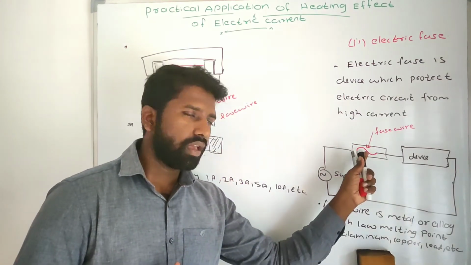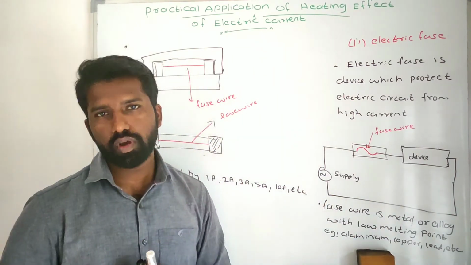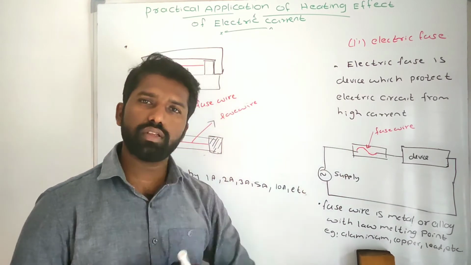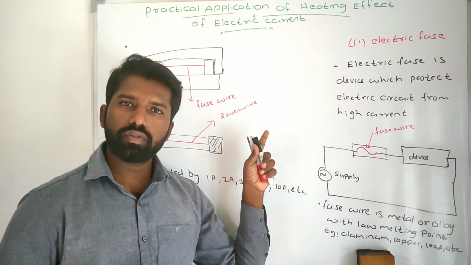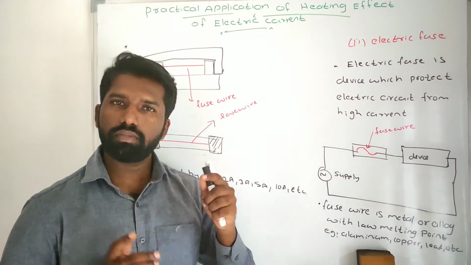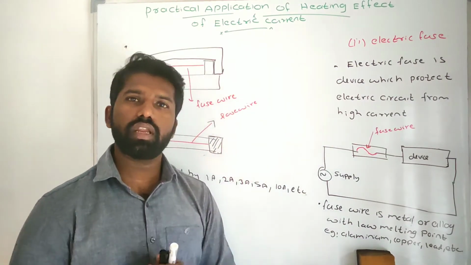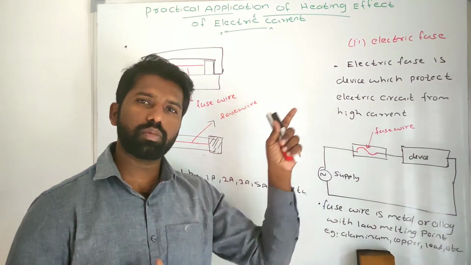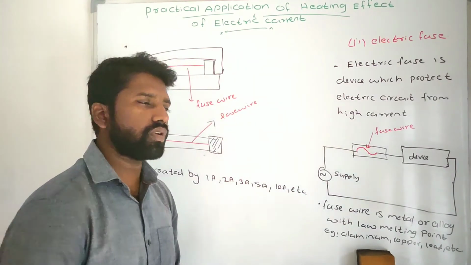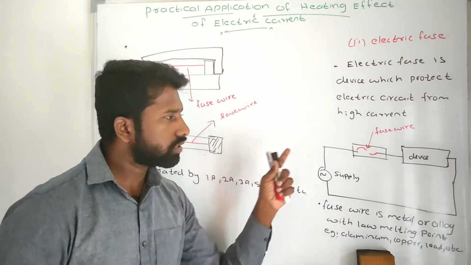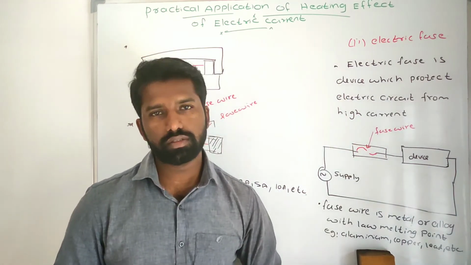It consists of a fuse wire, that is a metal or alloy with a low melting point, connected between the two ends of the circuit. For this low melting wire we normally use aluminum, lead, or copper. When a large current flows through it, it produces a large amount of heat and its temperature increases, so the fuse wire melts. The circuit becomes an open circuit, so the device is protected from high current.